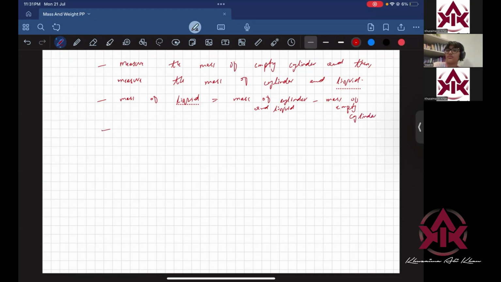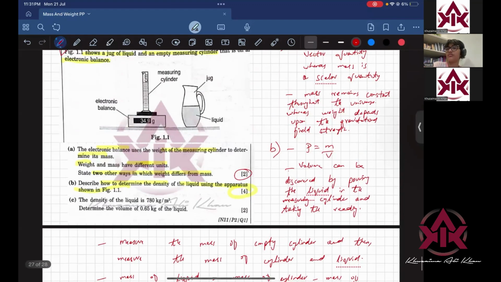Then you can simply apply the formula that the density of liquid is equal to the mass of liquid divided by the volume of liquid. That's how you get 4 marks. Make sense? Okay.